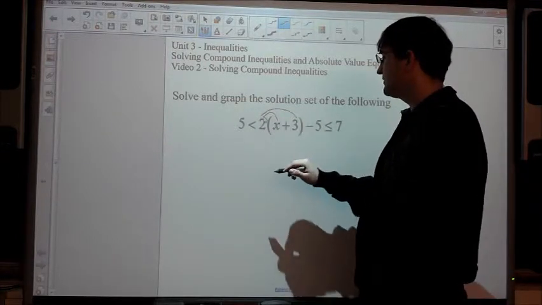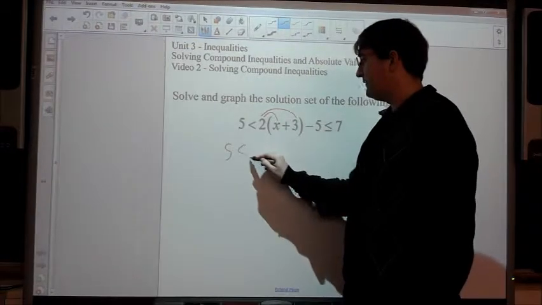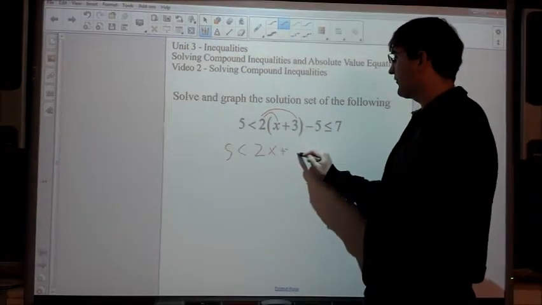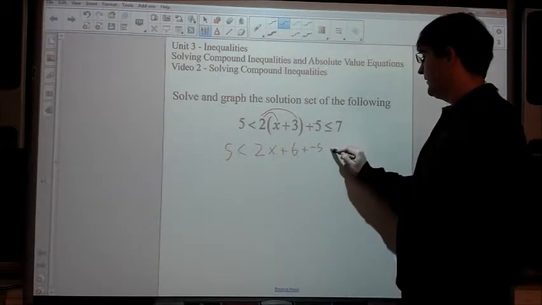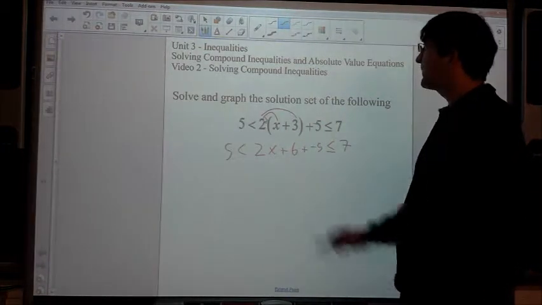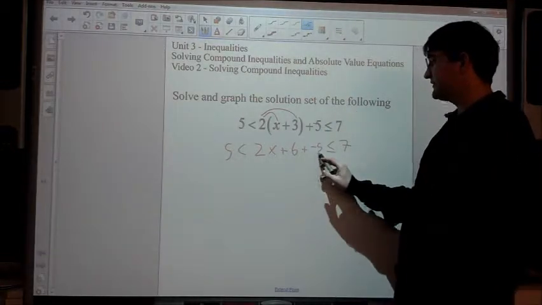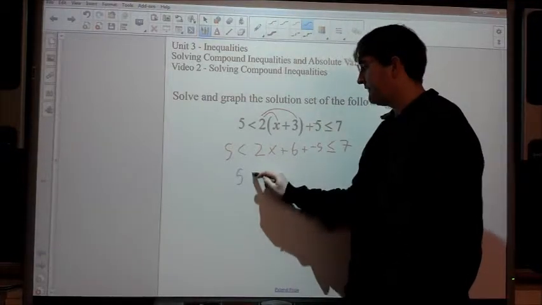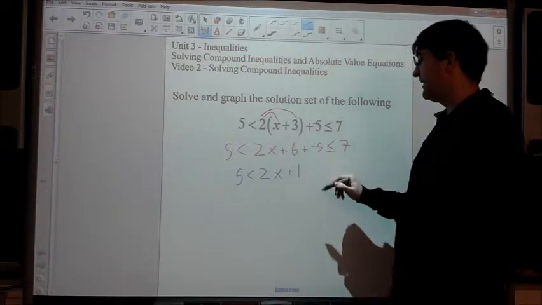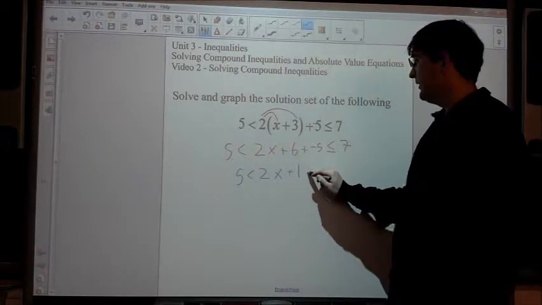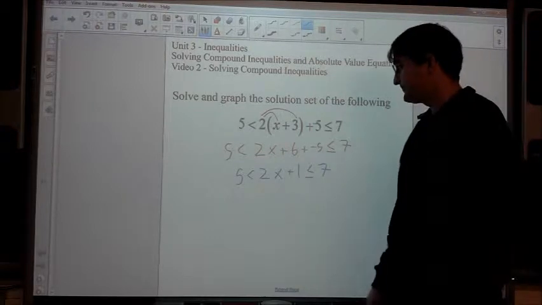So distribute the 2, and then I have 5 is less than 2x plus 6 plus a negative 5, is less than or equal to 7. And then combine like terms here, the 6 and the negative 5. So I have 5 is less than 2x plus 1, because 6 minus 5 is 1, is less than or equal to 7.